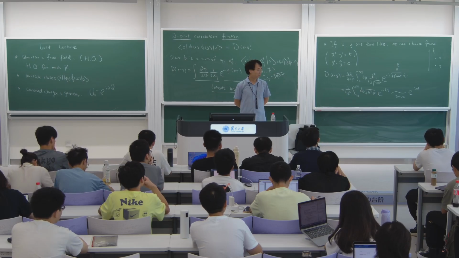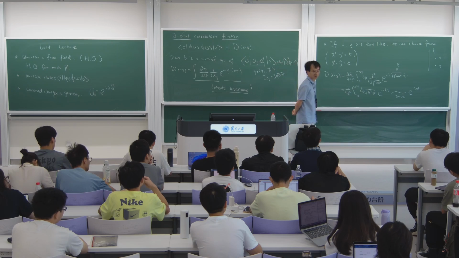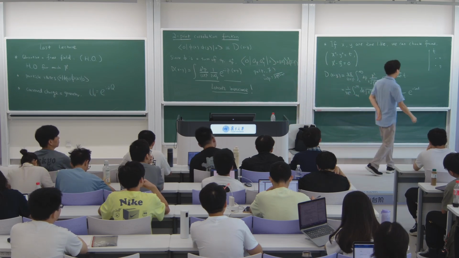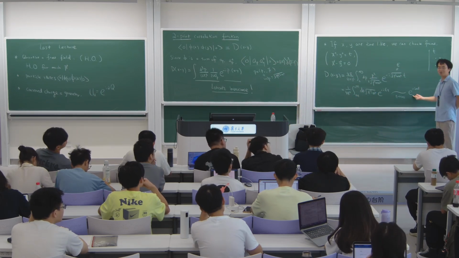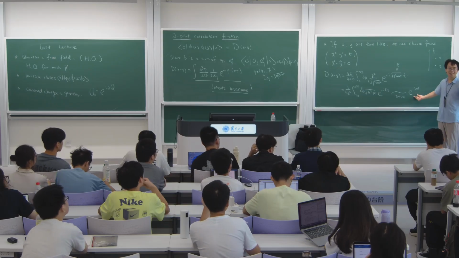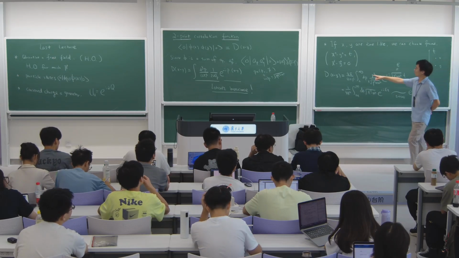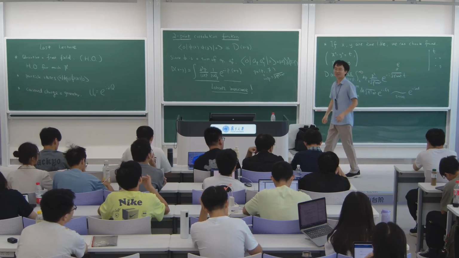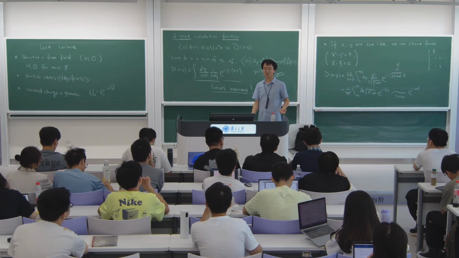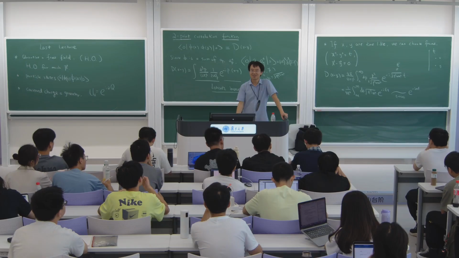There are a few messages that may be important. First of all, this is a complex number. It means when you want to compute the two-point function, you shouldn't think you always get something real.